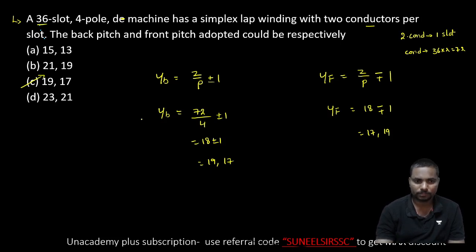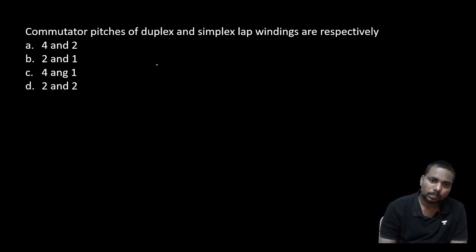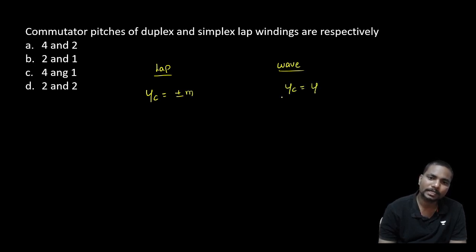Coming to the next one. Commutator pitches of duplex and simplex lap winding. Let us take the formulas for lap winding and wave winding for commutator pitch. In case of lap winding, commutator pitch is equal to plus or minus M. Commutator pitch for wave winding does not depend upon M, it depends upon the average pitch. We know very well M is equal to 1 for simplex, 2 for duplex, 3 for triplex.